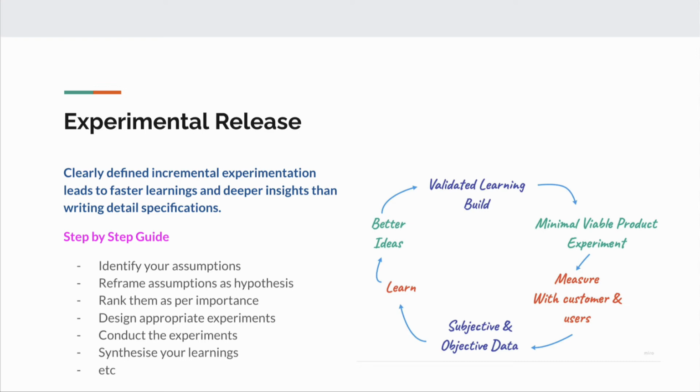Design appropriate experiments, conduct the experiment, and synthesize the learning. So here, in validated learning, build the minimum viable product experiment, measure with customer users, subjective and objective data, learn from it, get better ideas, and then build, and iteratively go on with this.